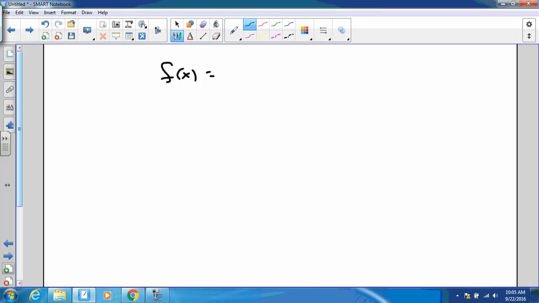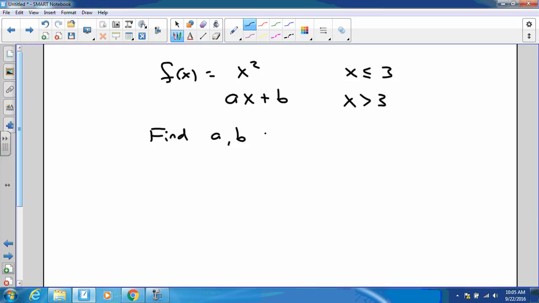So I wonder, is it possible to create a piecewise function in the form f of x equals x squared for x less than or equal to 3, and maybe some linear function ax plus b for x greater than 3? Is it possible to find values of a and b such that f prime of 3 actually exists? Probably can.